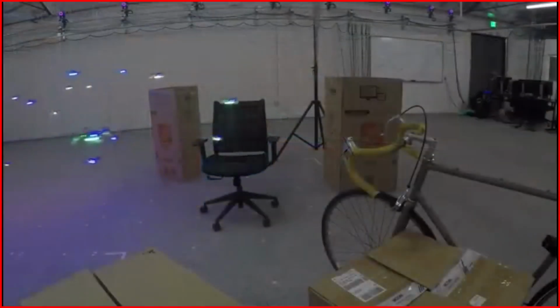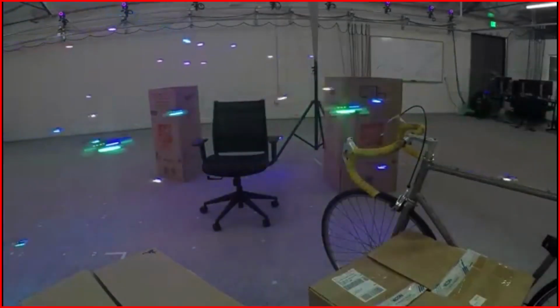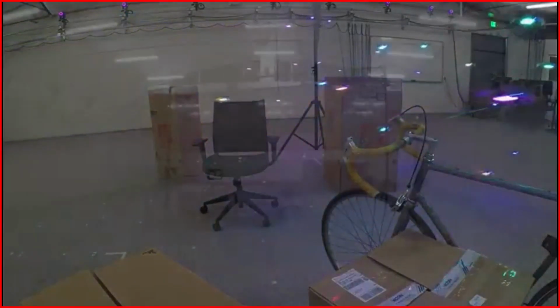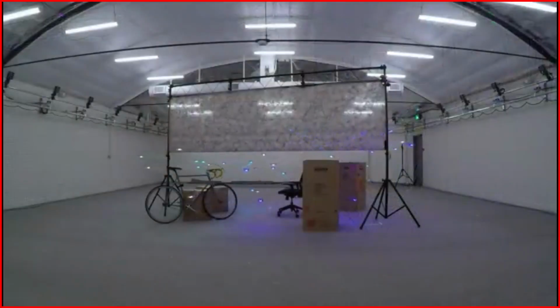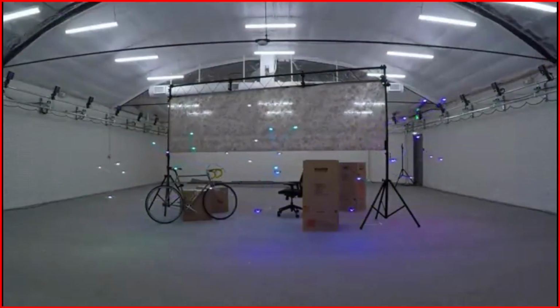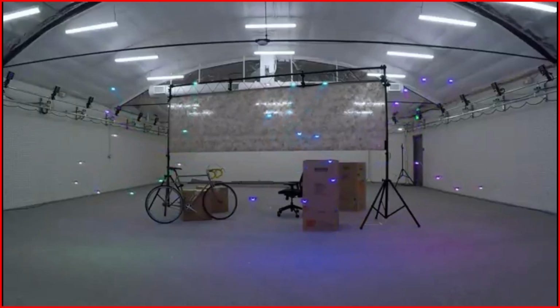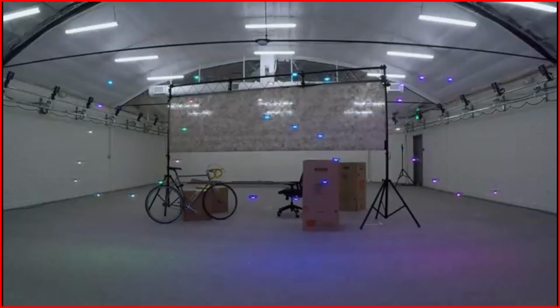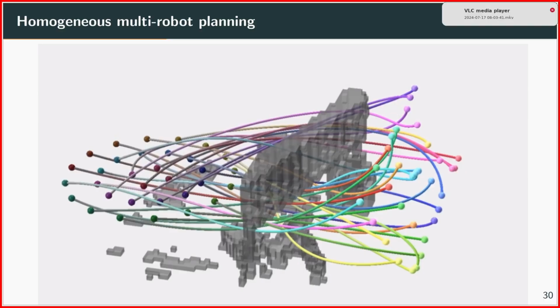And you can see here all those drones are coordinated at the same time, and they are not colliding with each other, and they are faithfully reaching a goal arrangement. So this is basically what you can do by using homogeneous search, pebbles on a graph reduction, and conflict-based search.